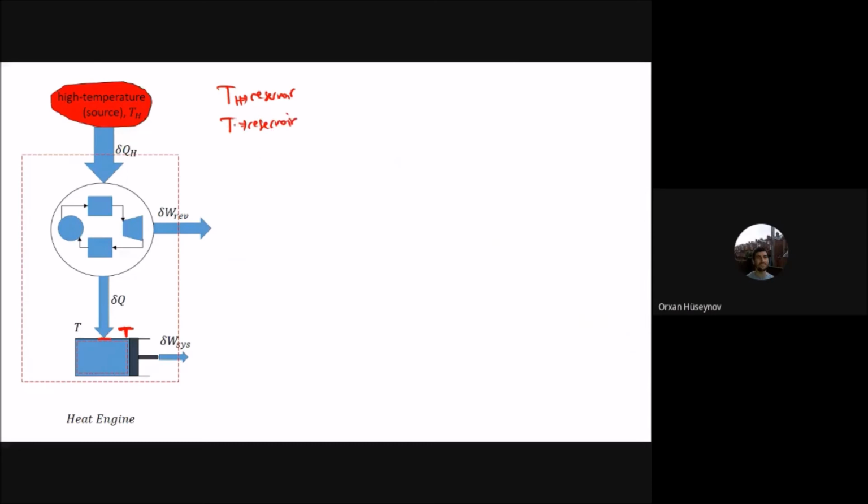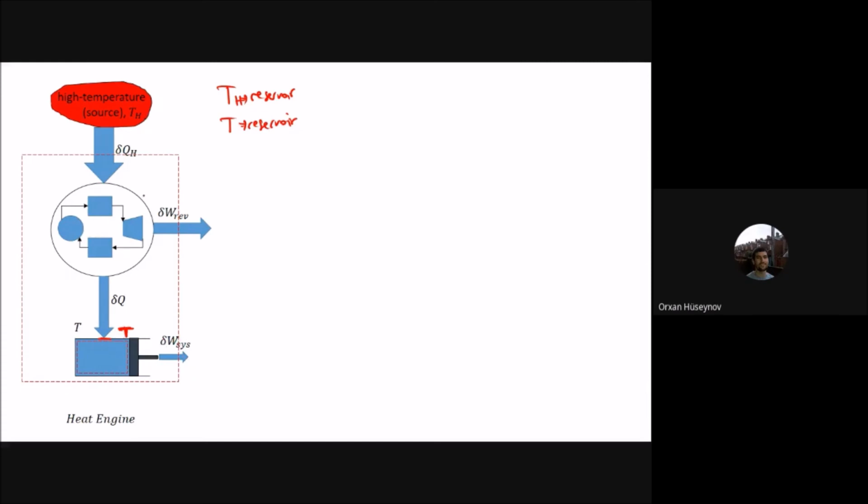But this T reservoir may have a change in the value of T. And then from that T reservoir, there is a piston cylinder device that provides the work of the system.